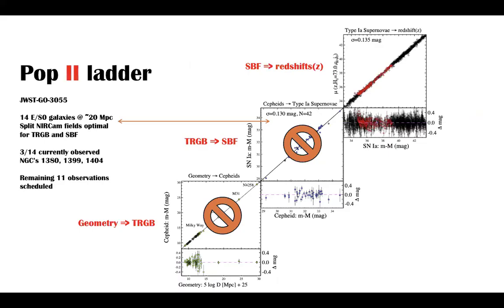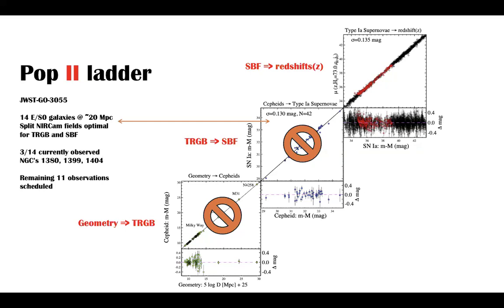So we now have then, well, it's a work in progress, but we will then have a good transfer of the TRGB 0 point over to the surface brightness fluctuation 0 point. As I say, we've got 14 galaxies on our program. 3 are in, and in fact, 2 more are coming in these very days.